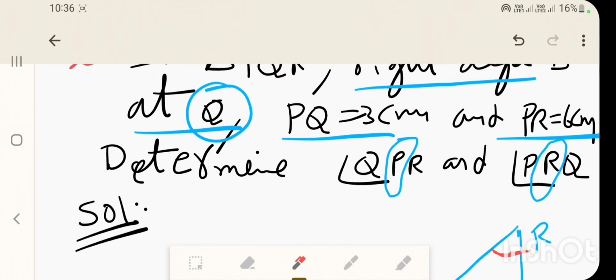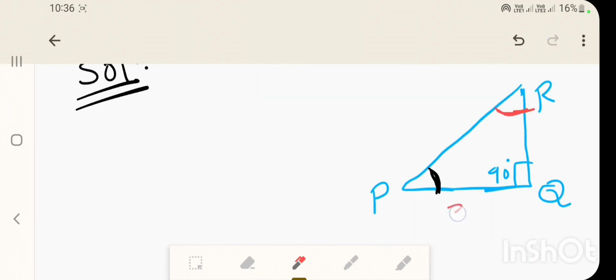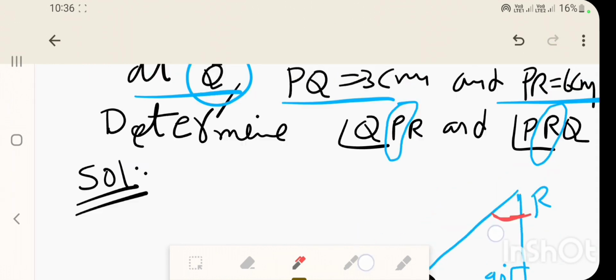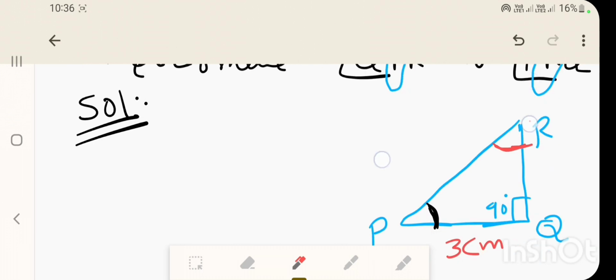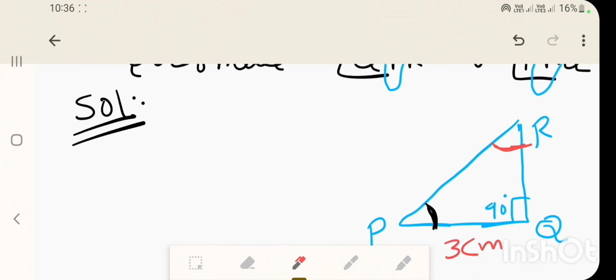And the data they have given: PQ is 3 centimeters, and another value, PR, is 6 centimeters. So first you have to identify what is given in the problem. The right angle is at Q, the length of side PQ is 3 centimeters, and PR is 6 centimeters, that is the hypotenuse.